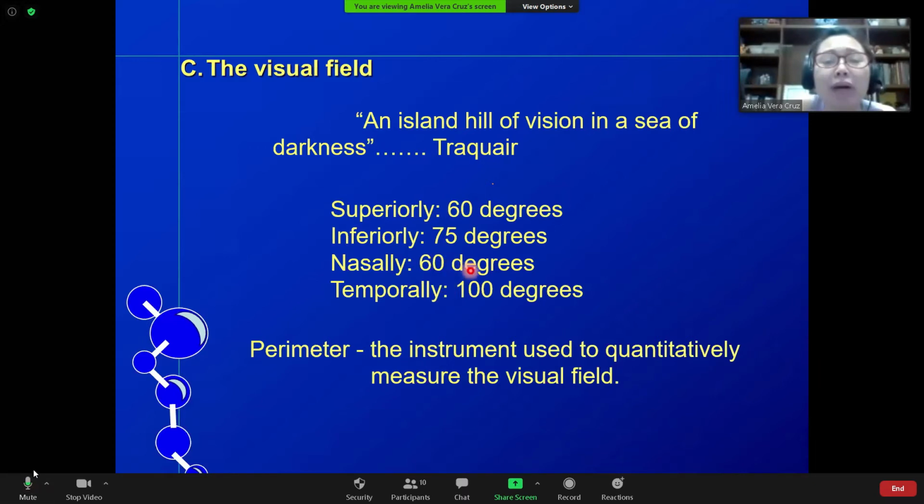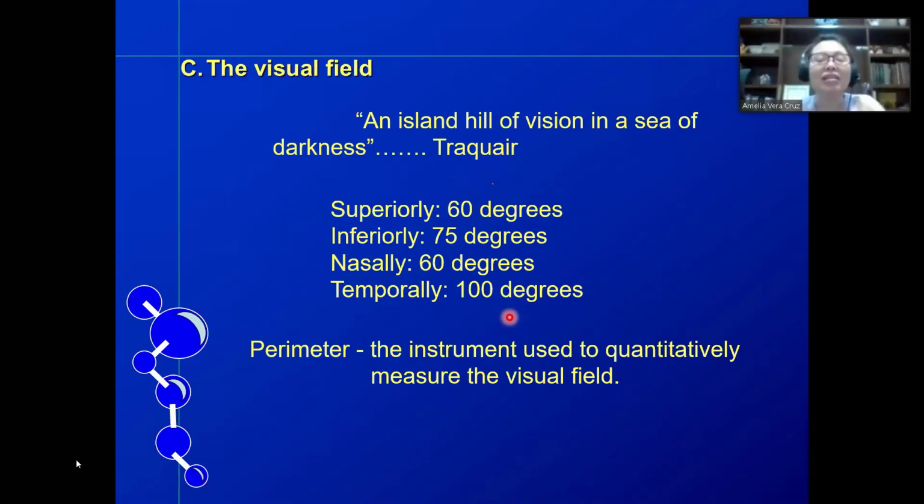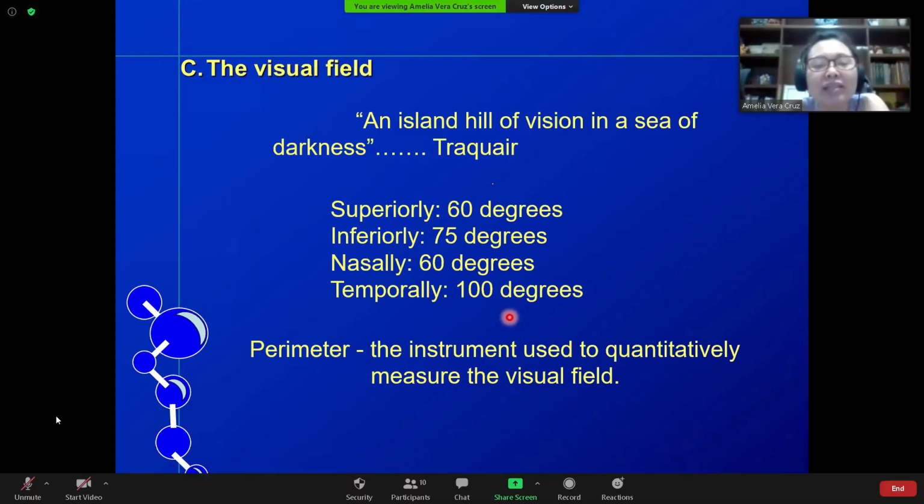Temporally is 100 degrees kasi open na open dito. Remember, half of your eyeball is exposed temporally. Naka-usli siya temporally. So, mas makikita natin dito. So, that will be 60, 60, 75, 100. Okay? That's our visual field.